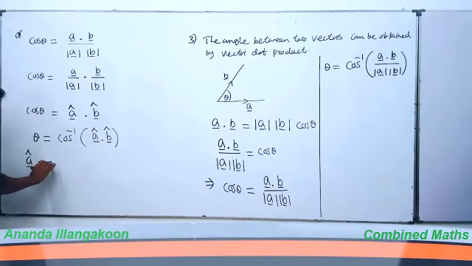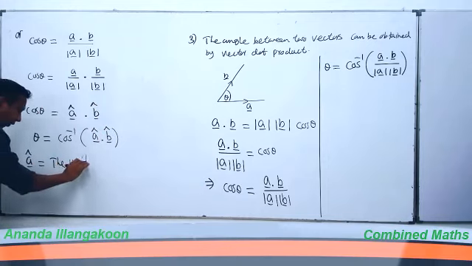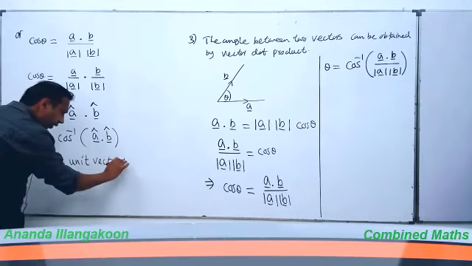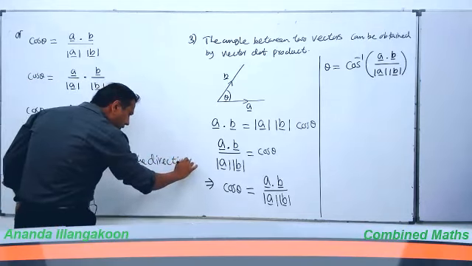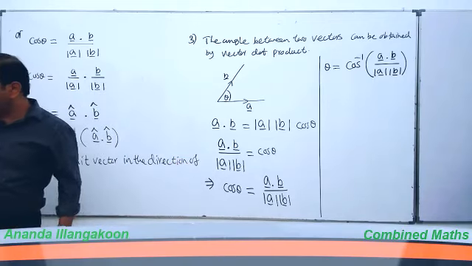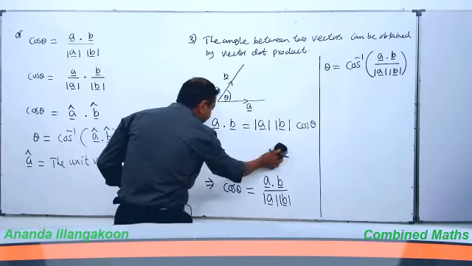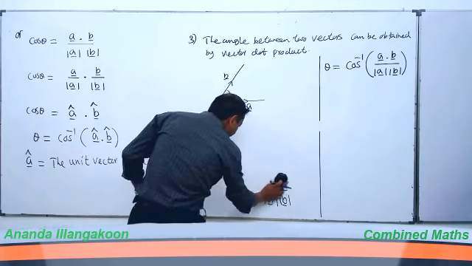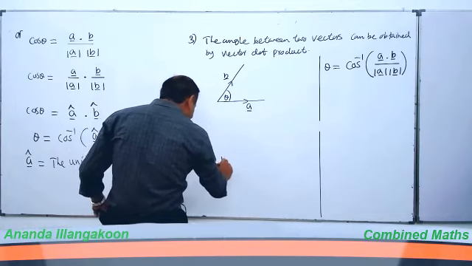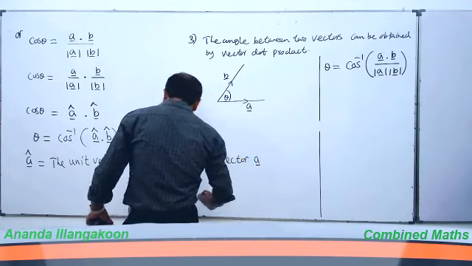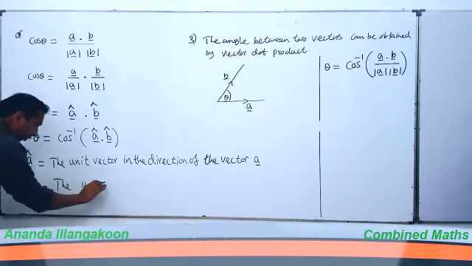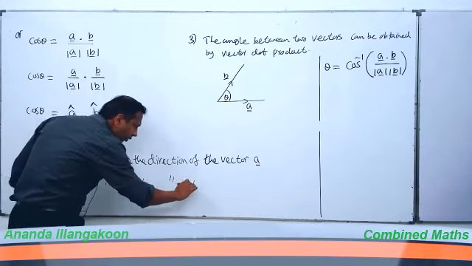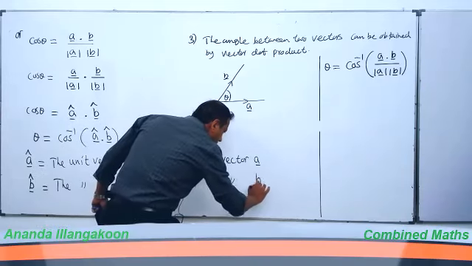A hat is the unit vector in the direction of the vector A. Similarly, B hat is the unit vector in the direction of the vector B.